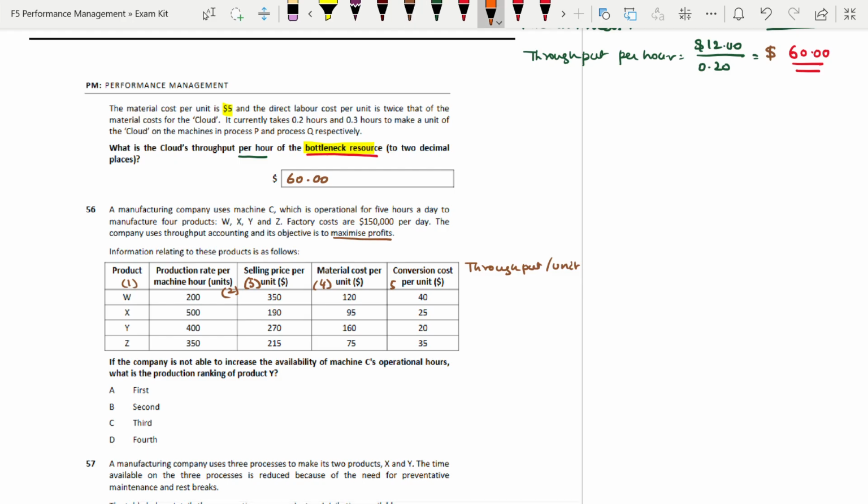Throughput per unit is selling price minus column 3 minus column 4, that is selling price minus material cost. 350 minus 120 comes to 230. 190 minus 95 comes to 95.